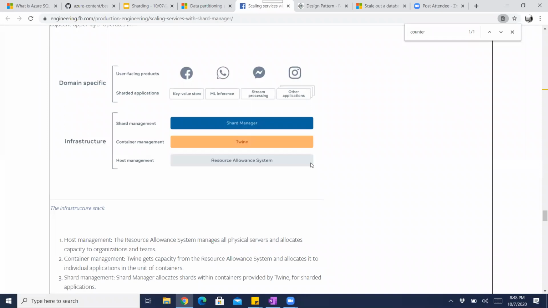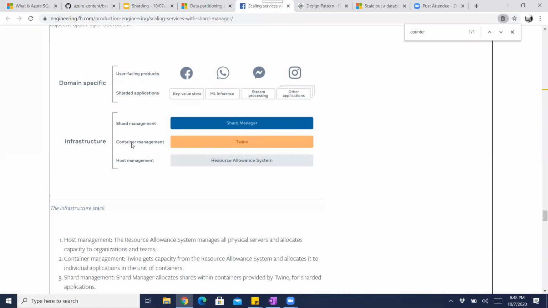The bottommost layer is hardware resources, and you can say that, let's say, this organization or this sub team is allowed to get X percentage of the hardware resources I have. You can put all those constraints in place here.